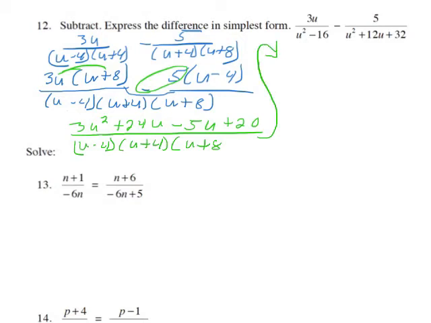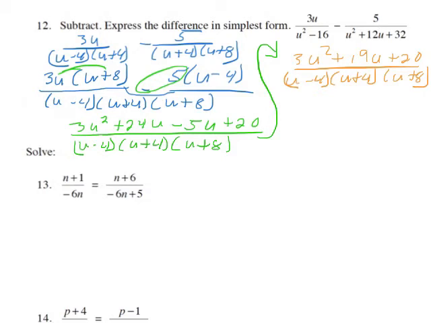That's going to give me 3u squared. And 24 minus 5 gives us what? 19u plus 20 all over top of this u minus 4, u plus 4, and u plus 8. And it looks like I forgot a parenthesis over here, so let me put that in place.